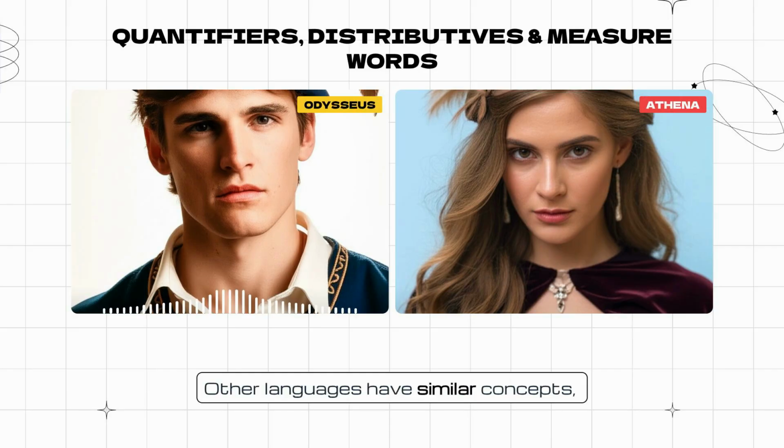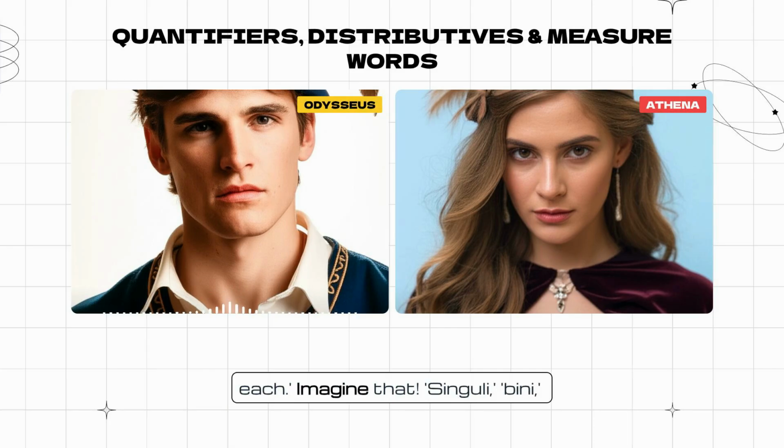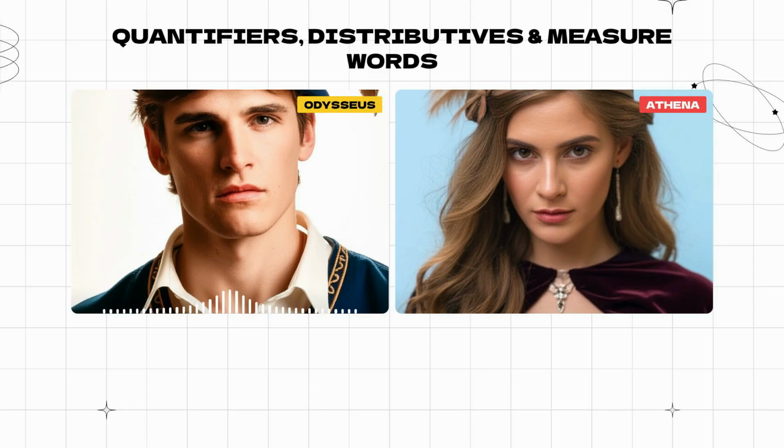Other languages have similar concepts, sometimes as distinct words, sometimes grammatical constructions. And then there are distributive numbers. Latin had them, Romanian still does, where you say things like 1 by 1, 2 by 2, or 3 each. Imagine that. Singuli, bini, terni in Latin. It's a very elegant way of expressing distribution, isn't it?